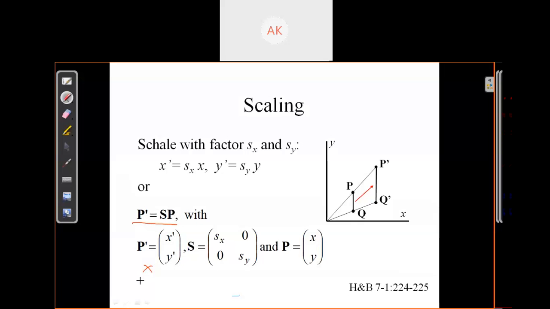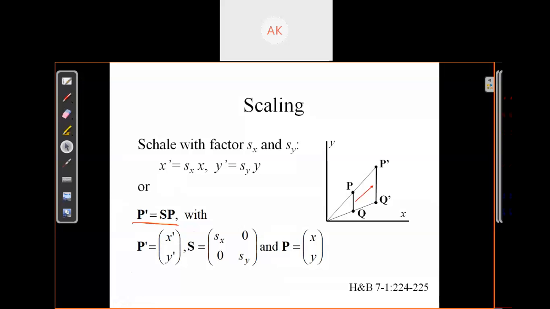So P dash equals S into P. We do this scaling when the fixed point is the origin. As you can see here, the fixed point is the origin.